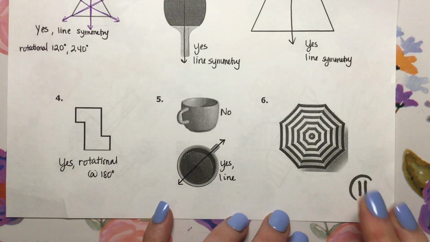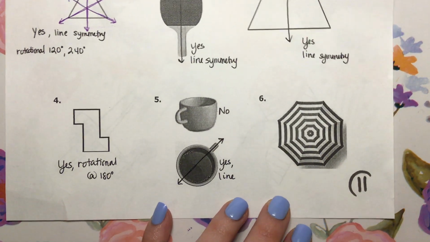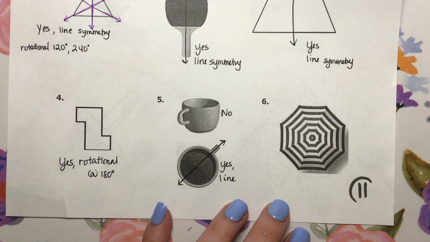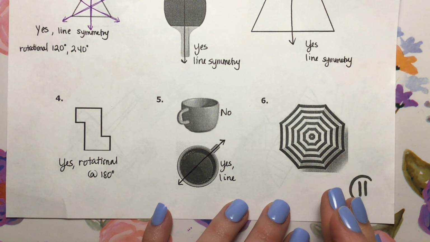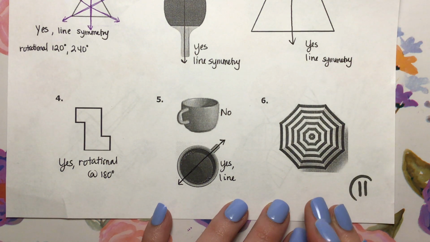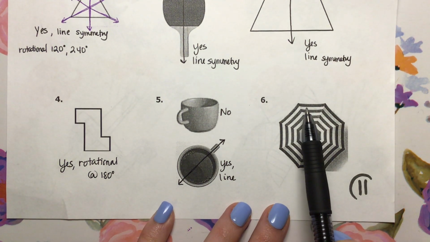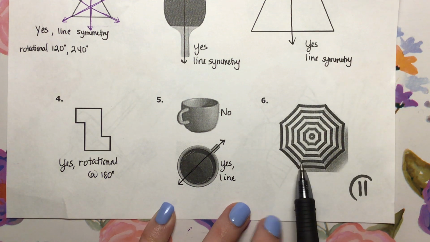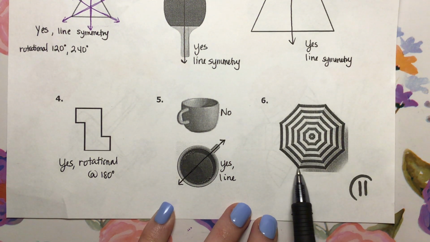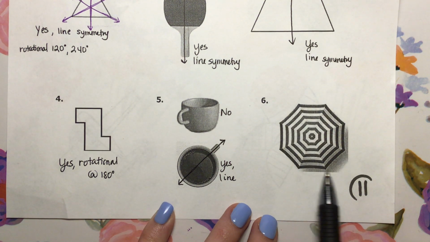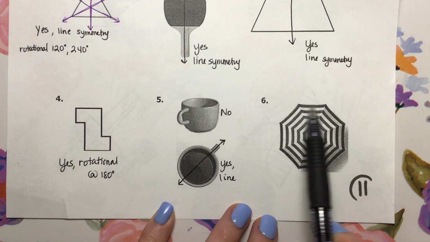All right, next we have the top of an umbrella that we're going to look at. This one can be kind of tricky, so let's think about rotational symmetry first. Okay, so what I want you to notice is this paper in the current orientation, the bottom of the umbrella is flat, and the top of the umbrella is flat.